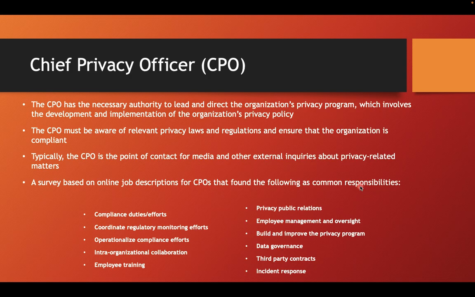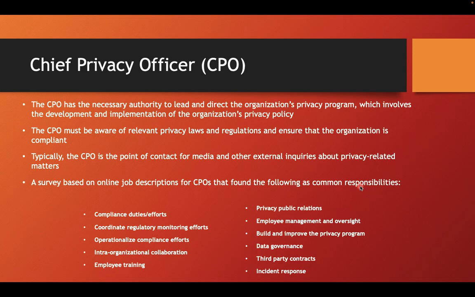That includes the development and implementation of the organization's privacy policies. So he has to have first-hand involvement in the development and the implementation, not only developing the privacy policies of the organization, he also has to be the chief officer in the implementation of these privacy policies.